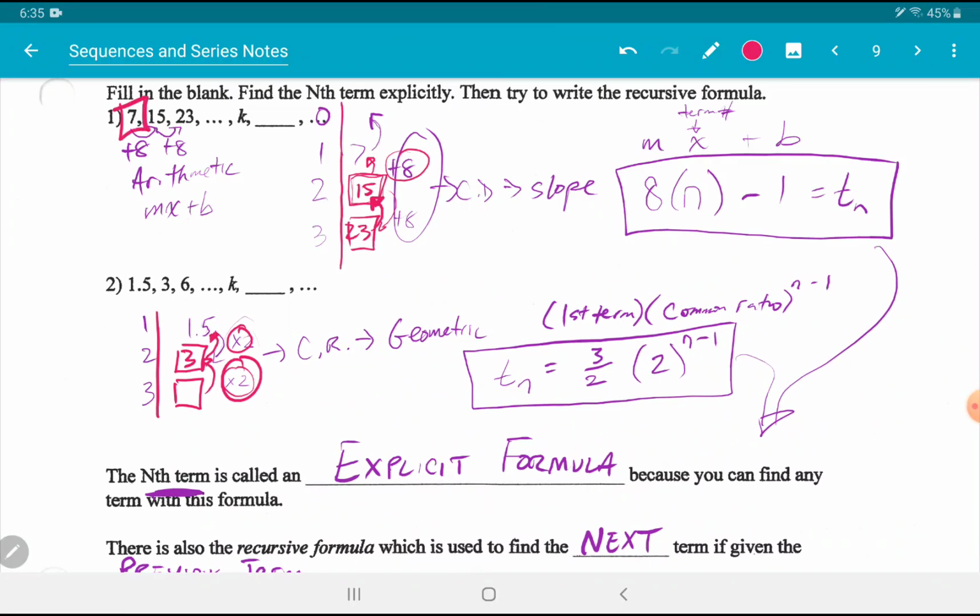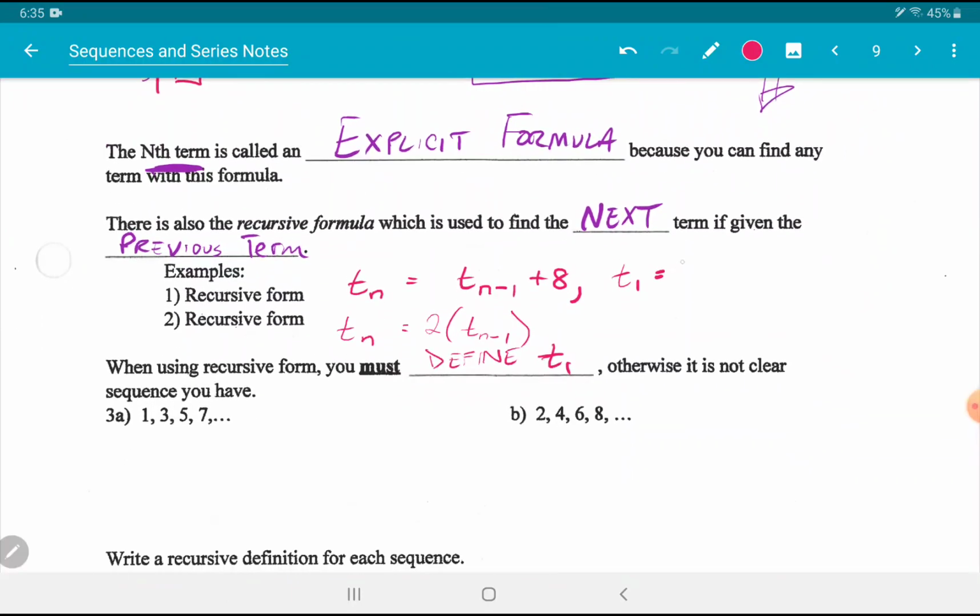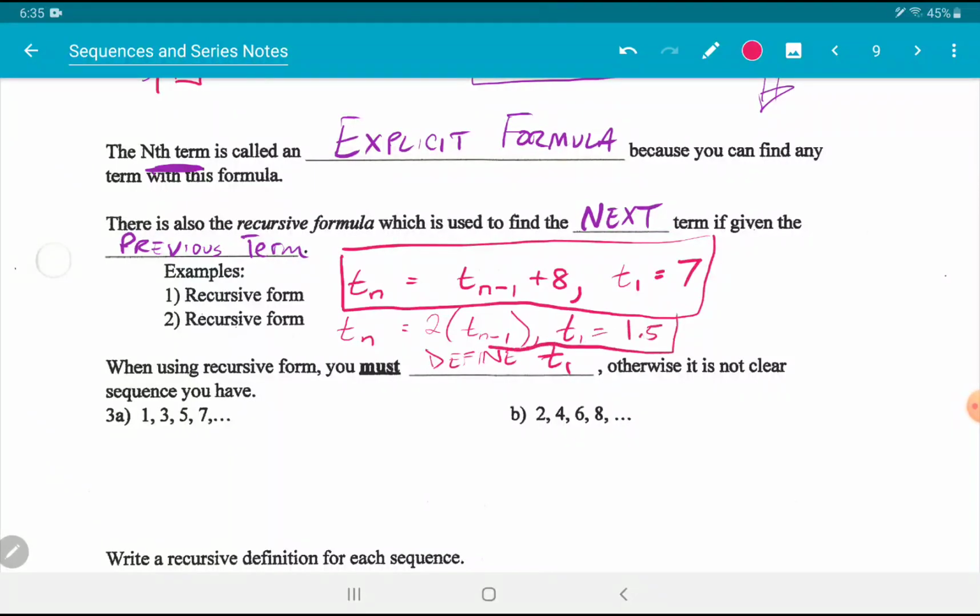It was 7. And what was my first term in number 2? It was 1.5. So over here, I'm going to say t sub 1 is 7. My first term is 7. Now this is a complete recursive formula. Okay, and what was the other one? Number 2, t sub 1 was a value of 1.5. So I make sure I define my t sub 1, and then that's going to be the complete recursive formula.